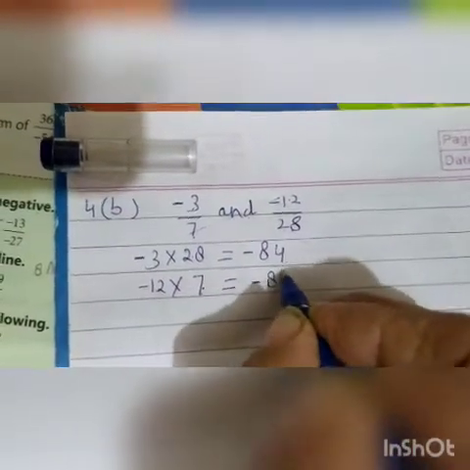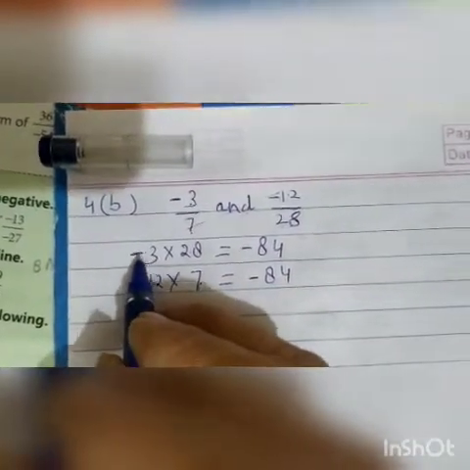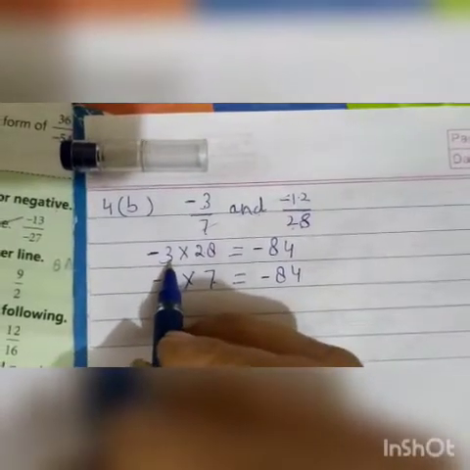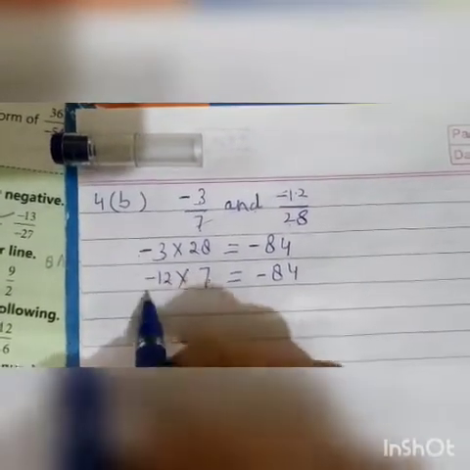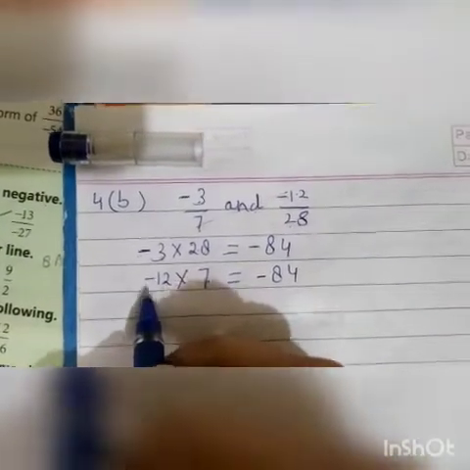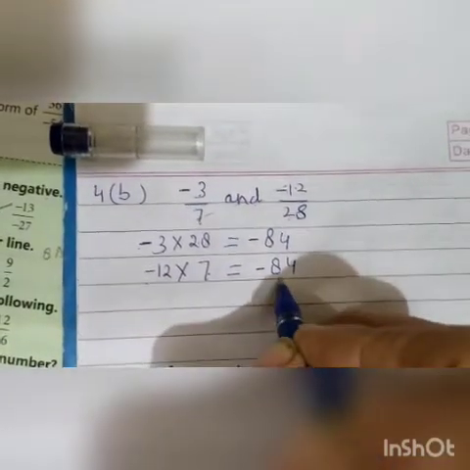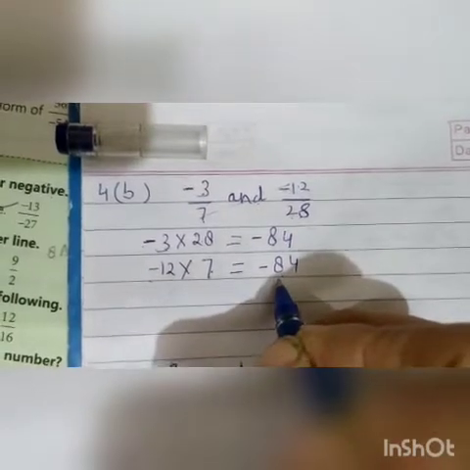It will be also minus 84 because here one number to be multiplied is negative, here and here also in both the cases. So it is minus 84, minus 84. Both the products are same.